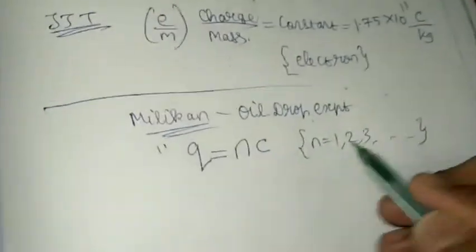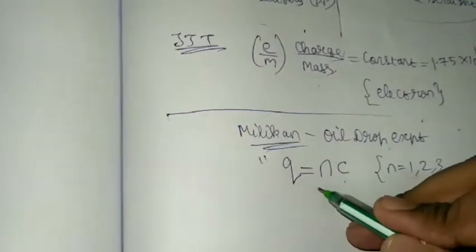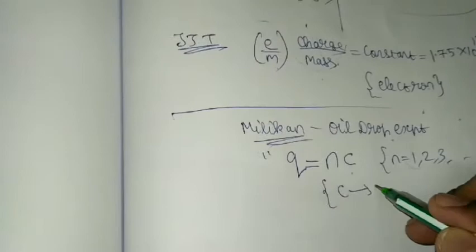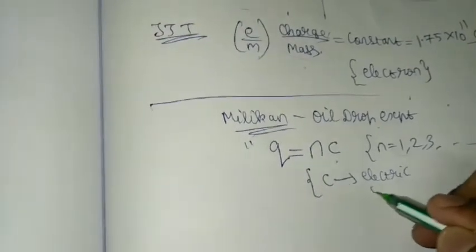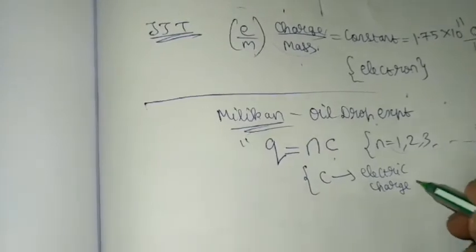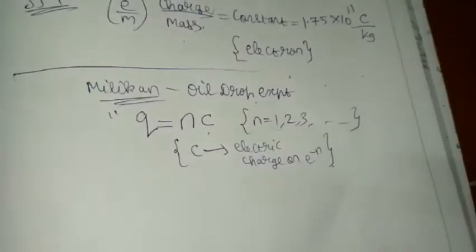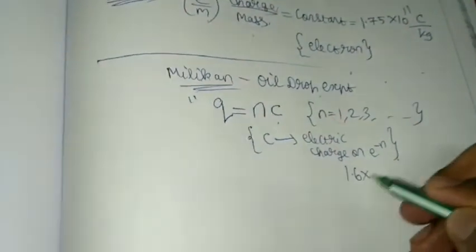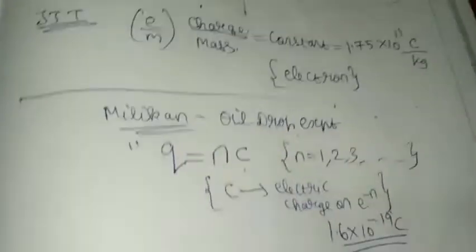So it can be C, 2C, 3C, anything. By experimental evidence, he said that this C is the electric charge on the electron. This constant was found to be 1.6 into 10 to the power minus 19 coulombs. This is the constant charge on the electron.